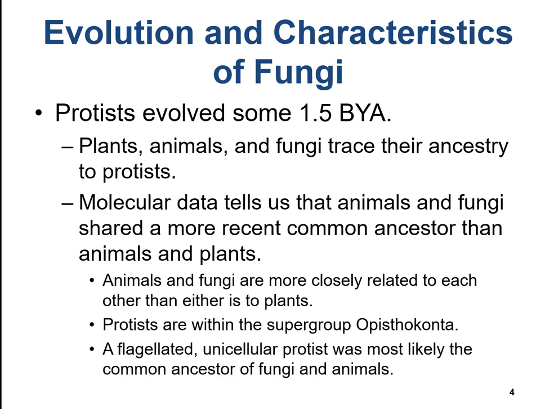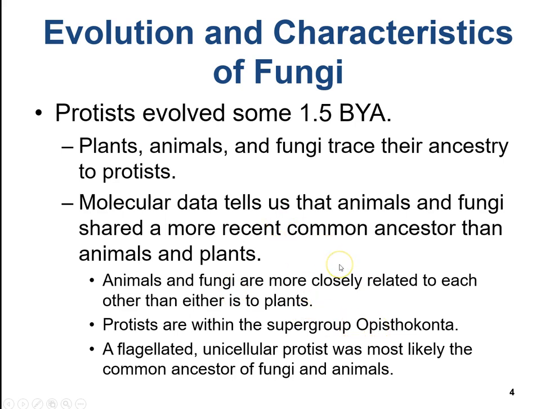So in terms of evolution, about 1.5 billion years ago, so these guys have been around a long time. And so it says plants, animals, and fungi trace their ancestry to protists. So again, remember when we were talking about protists in the last chapter, we had those 6 different supergroups, right? And we said that protists that are members of the supergroup Opisthokonta are more animal-like and fungi-like.